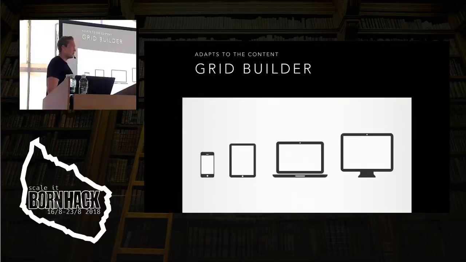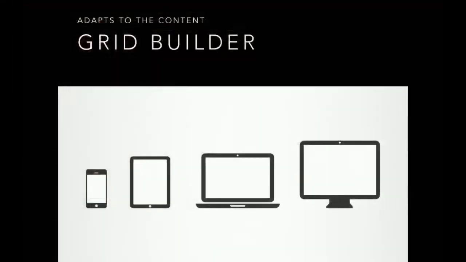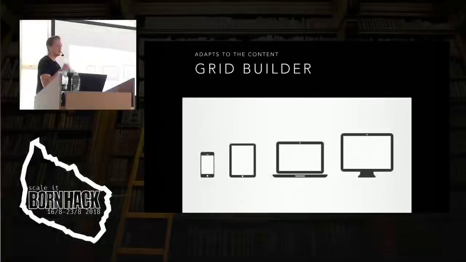And we started out by making a grid builder. And usually when it comes to grids, you start out by defining a grid, and then you put content in it. You usually say, on desktop I want 4 columns, and on tablet I want 3 columns, and on mobile I want 2 or 1 columns. And then you just put the content in and allow the browser, via media queries, to define how many columns to show.